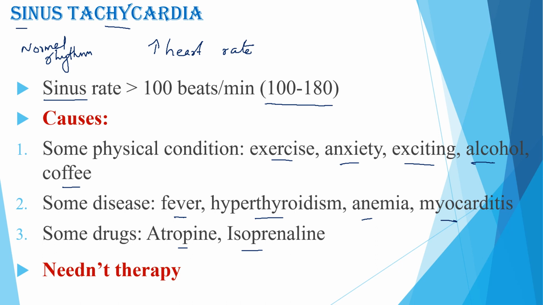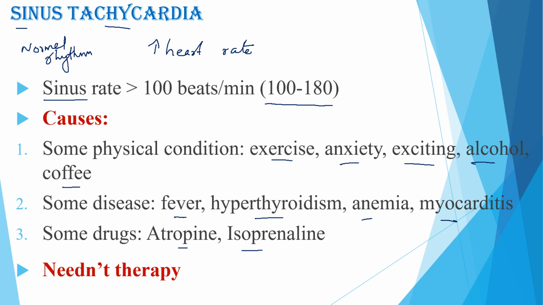When there is exercise, anxiety or excitement, alcohol intake and coffee, there is increased metabolism and increased activity of the heart. These causes increase the metabolic demand in the body. When there is an increased metabolic demand, the heart will pump more blood. Otherwise, the heart beats faster to meet the metabolic demand of the body.